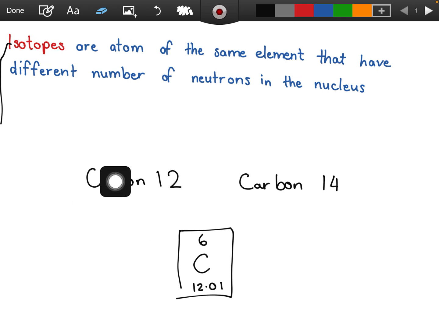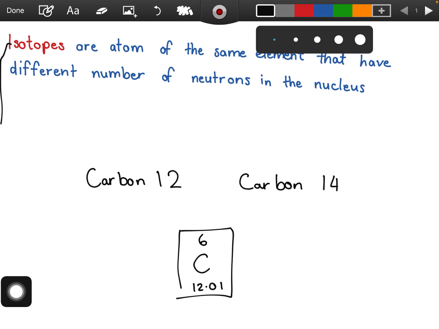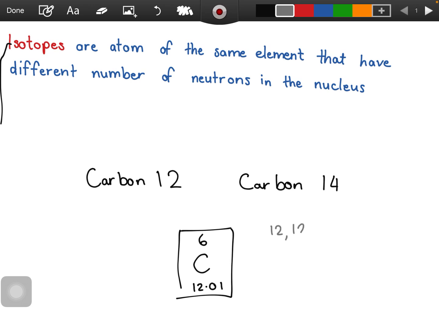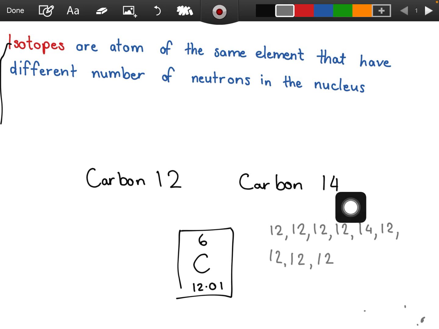Because there's so much more carbon 12, we're not just finding the average between 12 and 14. We're finding the average of something like carbon 12, carbon 12, carbon 12, carbon 12, maybe carbon 14, then another carbon 12, then another carbon 12, and there's way more carbon 12s. So when we get the average of these, it's not just an average of 13, it's an average that's much closer to 12.